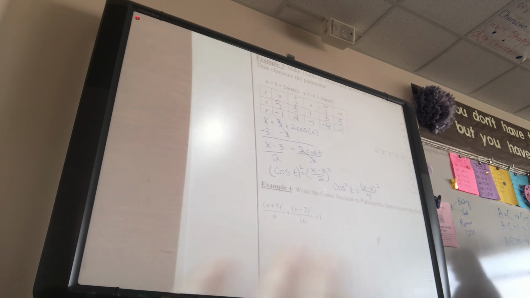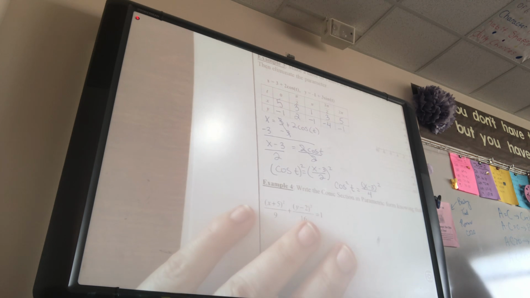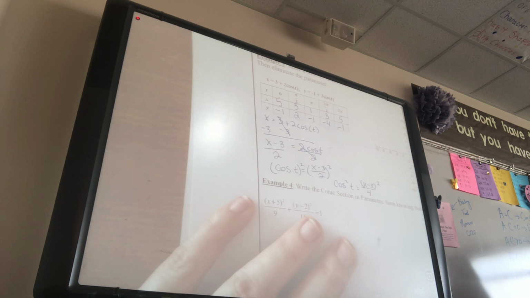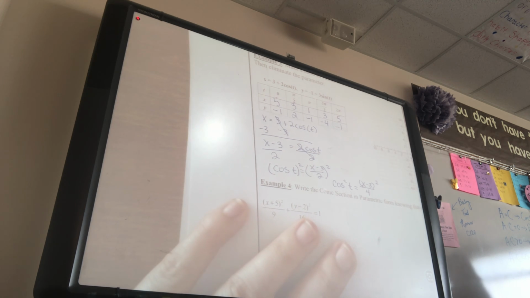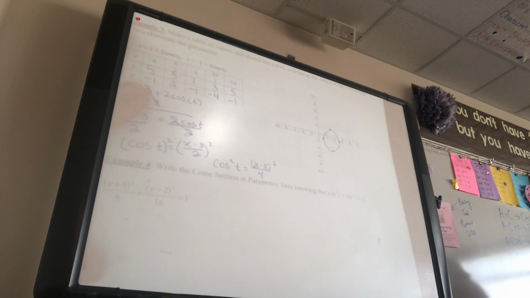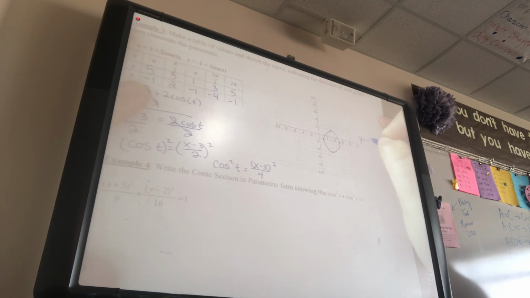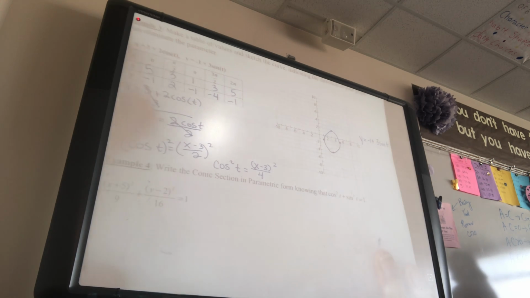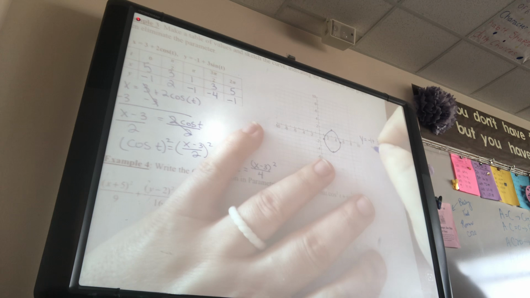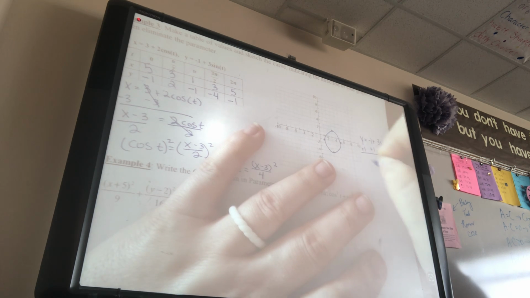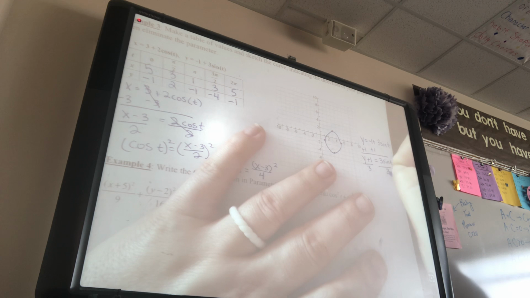Okay, good. But I'm just going to leave it where it is, and I'm going to go work on the other side. y equals -1 plus 3 sine t. Help me out. What would I do here to get t by itself? I'd add a 1. So y plus 1 is equal to 3 sine t. I divide by a 3. Oh, this is looking very elliptical.